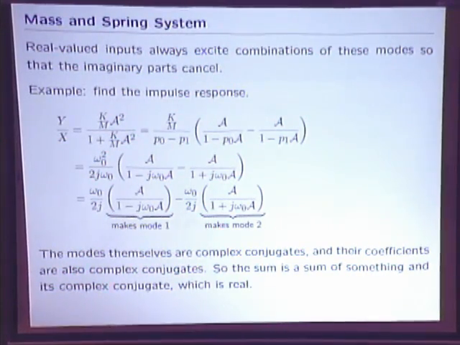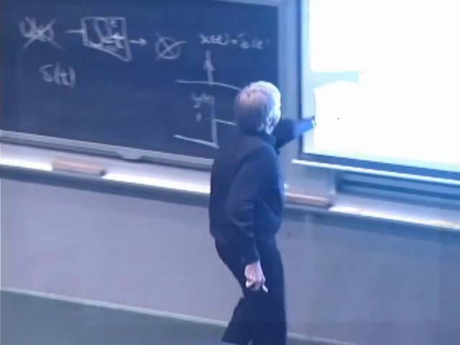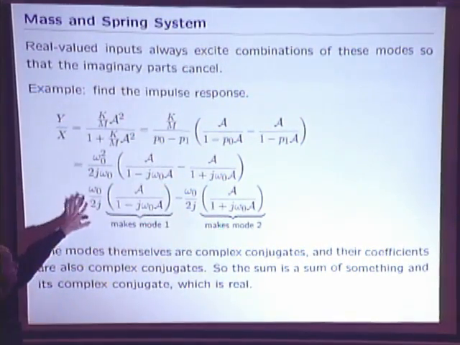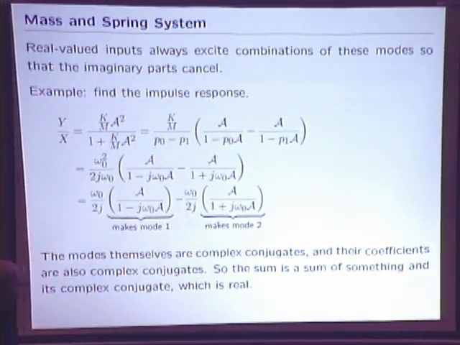Obviously, it's not going to have an imaginary output. The system conspires so that the imaginary parts of the different fundamental modes kill each other off. And the answer is a real number. So even though the pole is complex, the multipliers are complex, this sum is real.